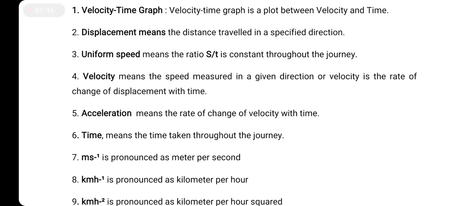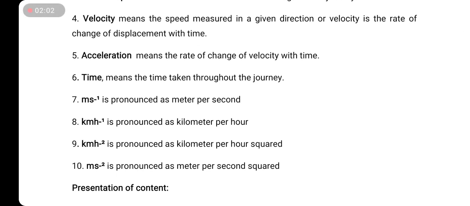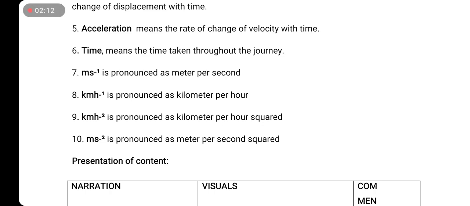Uniform speed, which means the ratio of S over T is constant throughout the journey. 4. Velocity, which is the rate of change of displacement with time. 5. Acceleration, which means the rate of change of velocity with time. 6. Time T, which means the time taken throughout the journey.